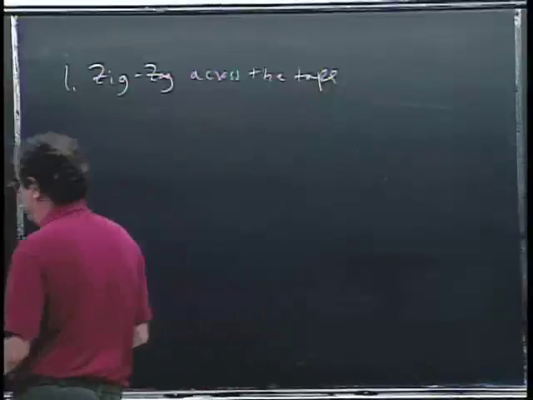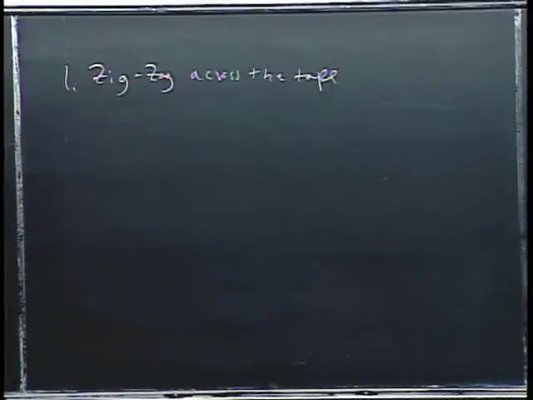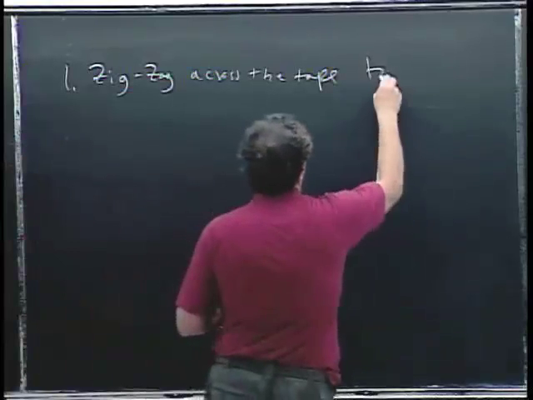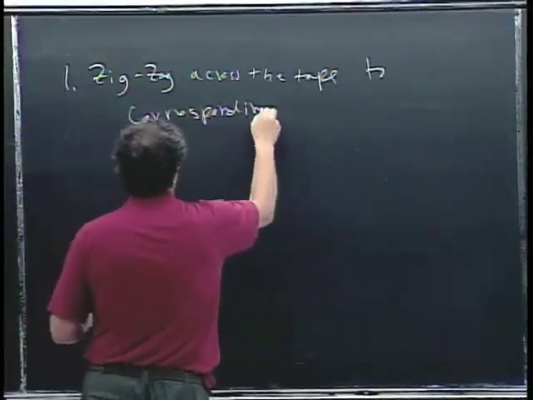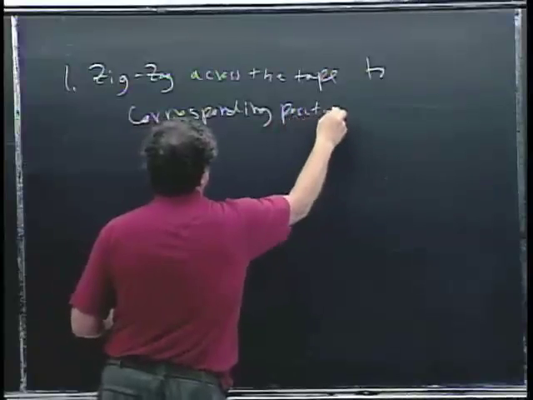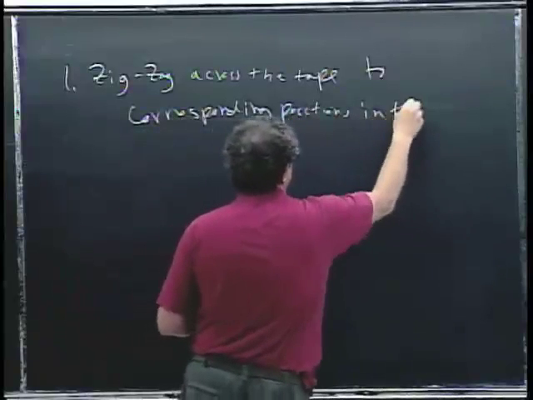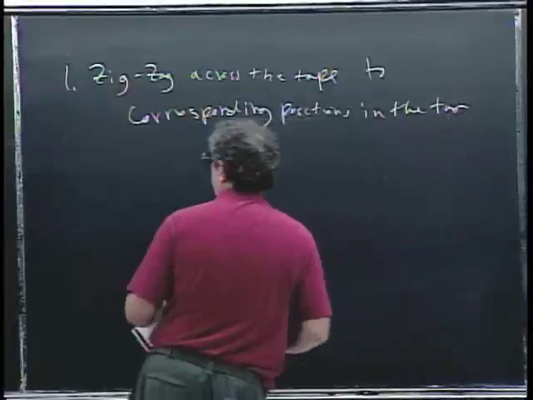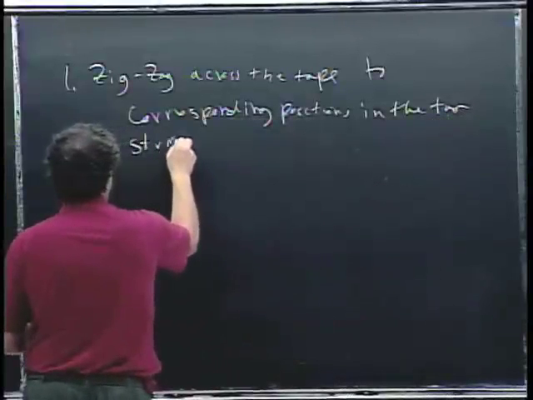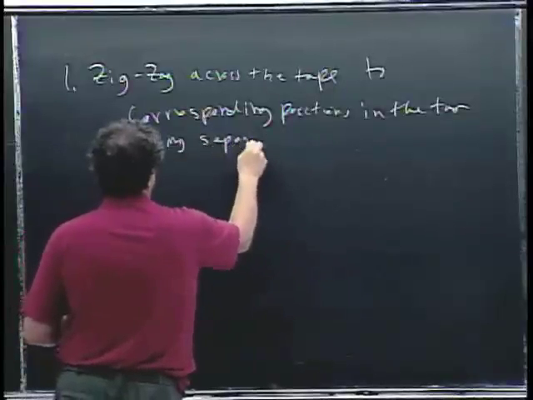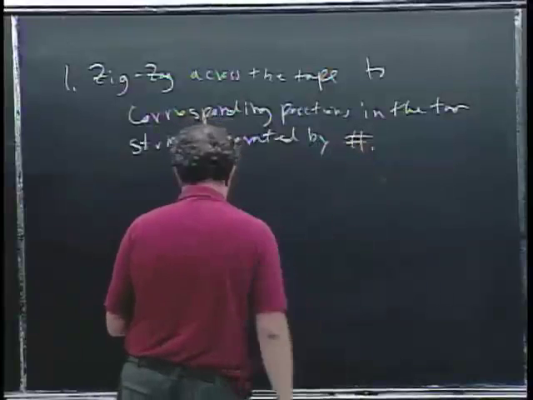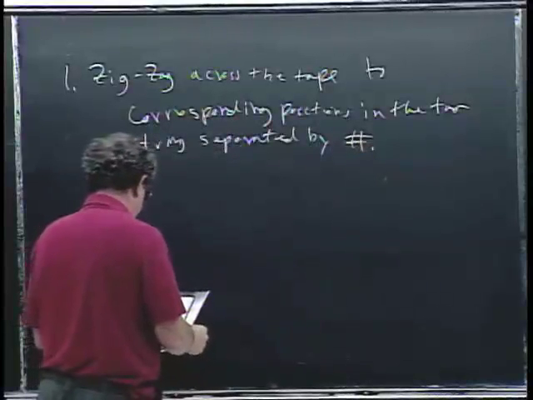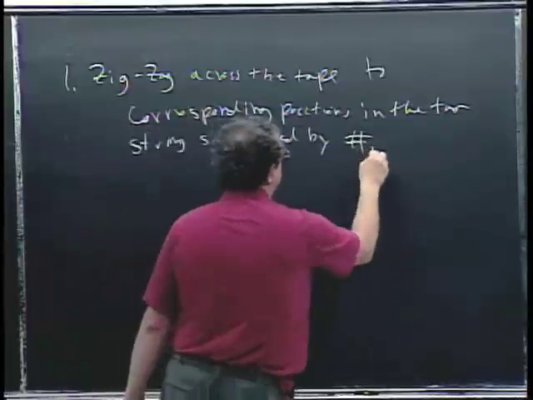Zigzag means it's going to go forward and backwards and forwards and backwards repeatedly, zigzagging to corresponding positions in the two strings that are separated by the hash, and check if they're the same.